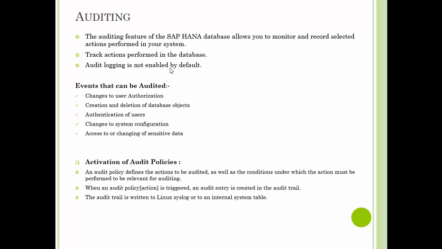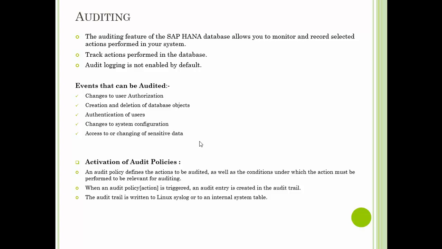And what are the events that can be audited? Changes to user authorization, creation and deletion of database objects, authentication of users, changes to system configuration, access to or changing of sensitive data. So all these can be audited using the auditing mechanism.